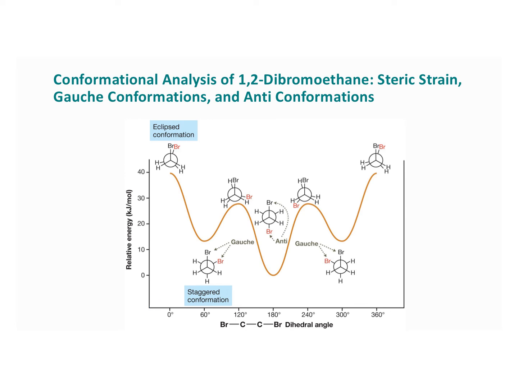bromine. If one hydrogen atom on each of those CH3 groups is replaced by another substituent, and this is what we're showing here with bromine, the energies of the three staggered conformations are no longer the same.